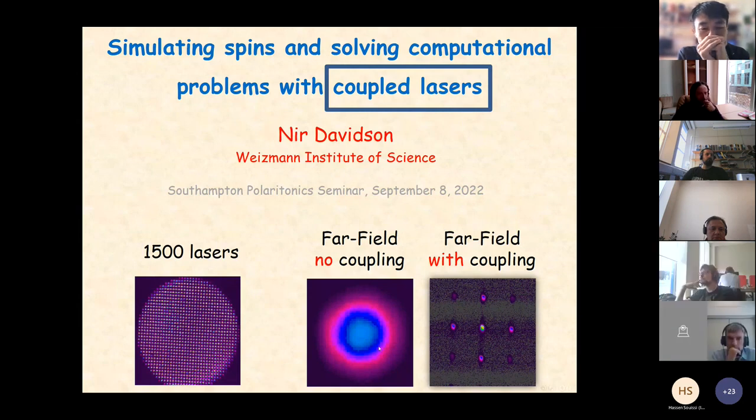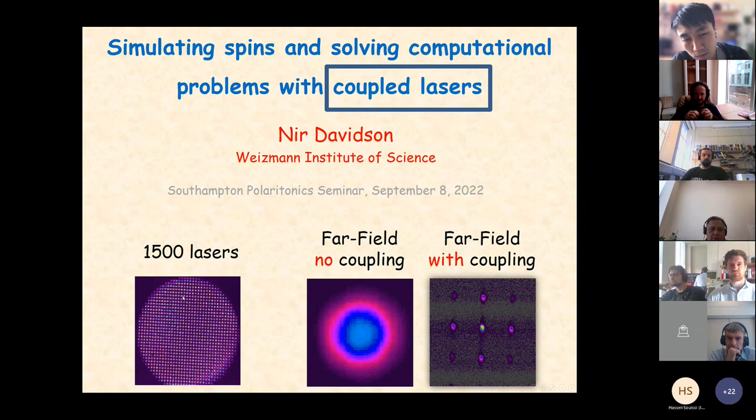If you look at this middle spot, this is called the far field in optics. It just means taking the Fourier transform of the field, or putting a lens and going to the focus. You see this big blob is the Fourier transform, or the diffraction pattern, of a single laser. As you know, in optics, when you are small, your diffraction pattern is big. This is the Fourier relation.